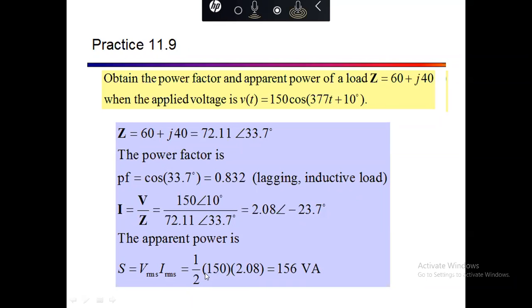In RMS, we divide 150 by root 2 and 2.08 by root 2, and that becomes 1 by 2. So that is 156 volt ampere. That is the apparent power of the load.